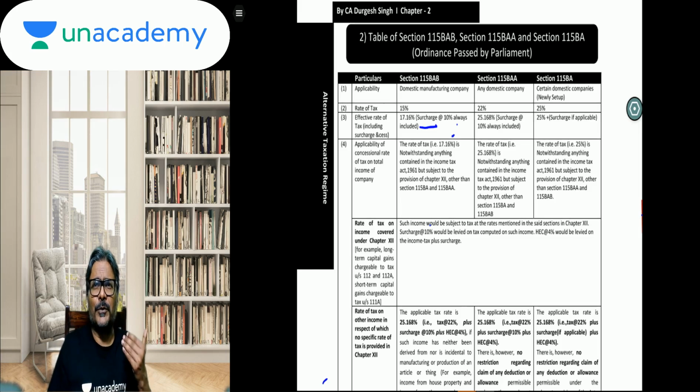While we proceed and discuss the provisions thoroughly, I will also guide you as to when the assessee will try to opt for these sections. One thing I can tell you, students, is that those assessees who take big deductions like 35AD or profit linked deductions, which enable them to eliminate or substantially reduce their taxable income, will definitely not be tempted at this stage to opt for this regime.